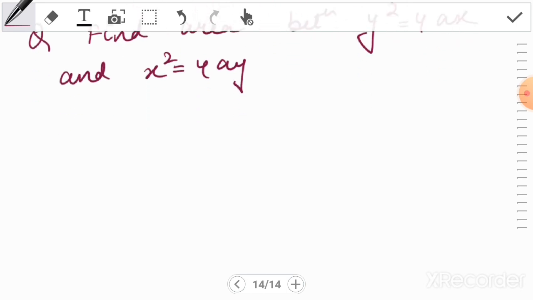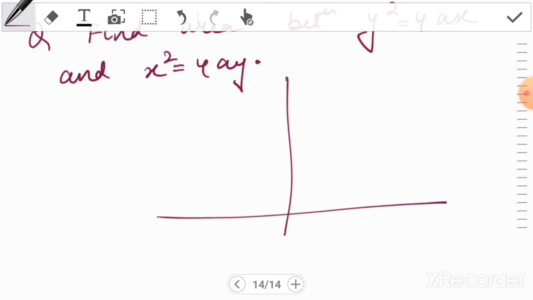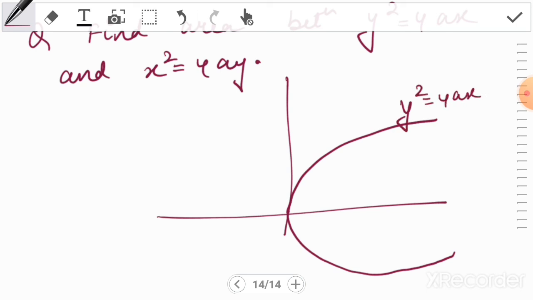Let us draw the curves first. So y square is equal to 4ax is this curve and x square is equal to 4ay is this curve.